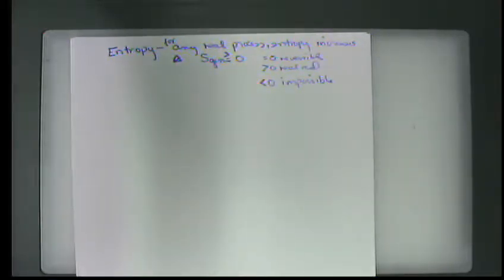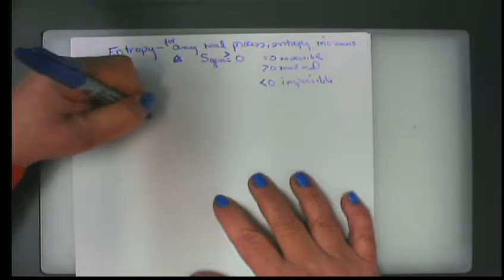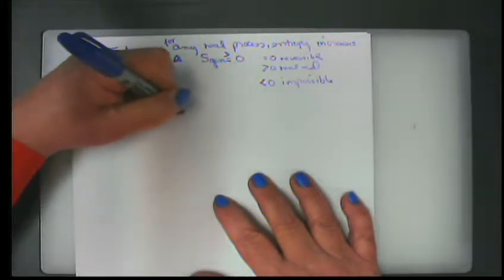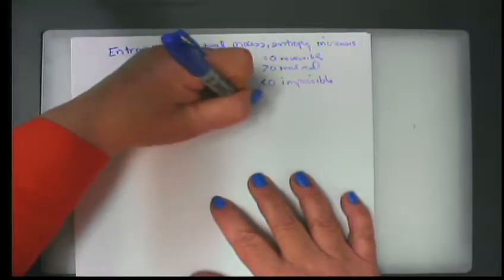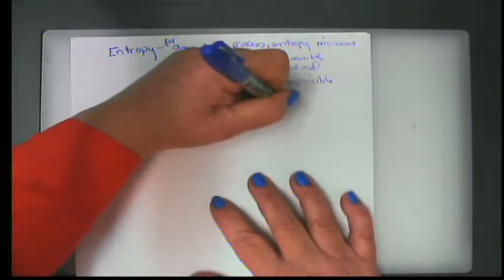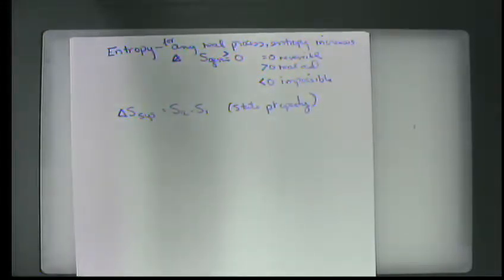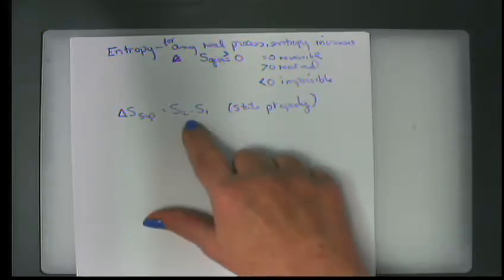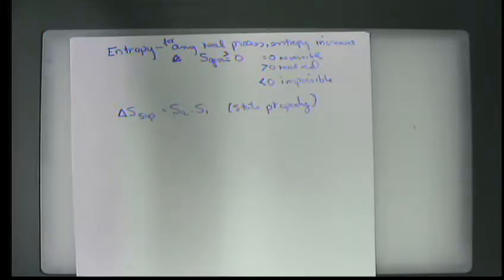All right, so if you look at entropy, we talk about it in a couple of different ways. But we've said that delta S of a system is equal to S at time 2 minus S at time 1. And this implies that it is a state property. It is a state property because we define entropy for what the change in entropy would be for a reversible reaction, and then we compare a real reaction to it, which is where this S generated term comes into it.